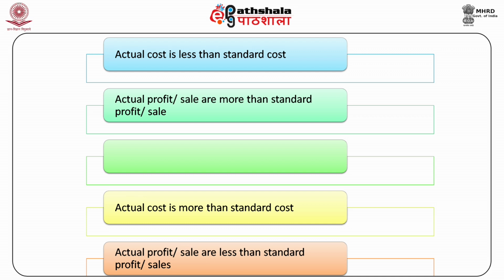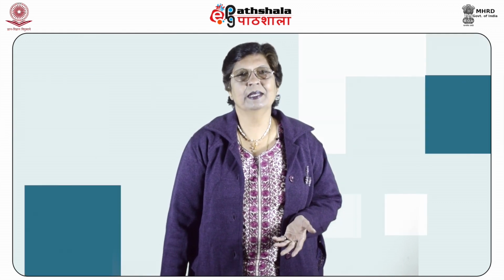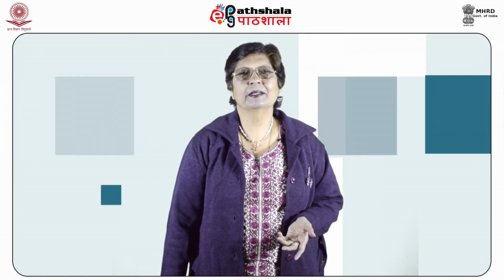On the other hand, variance is said to be unfavorable when actual cost is more than standard cost and actual profit or sales are less than standard profit or sales. We assign a positive or F sign to indicate favorable variance, better than expected, and a negative or A sign for unfavorable or adverse variance, which is worse than expected.